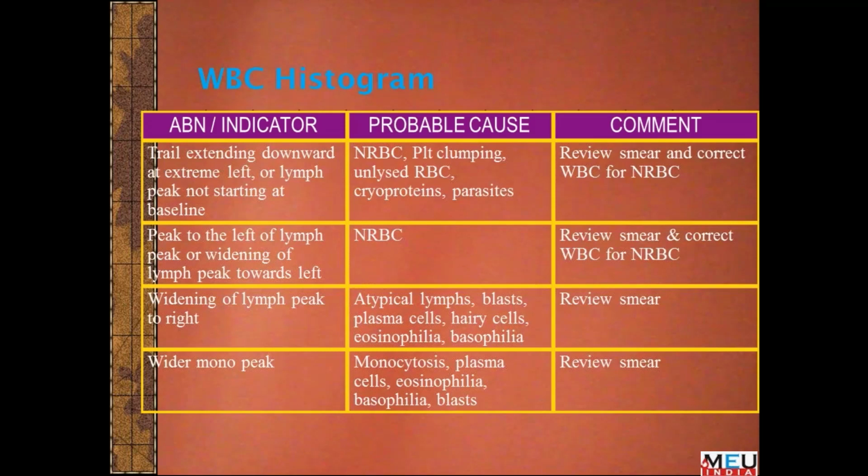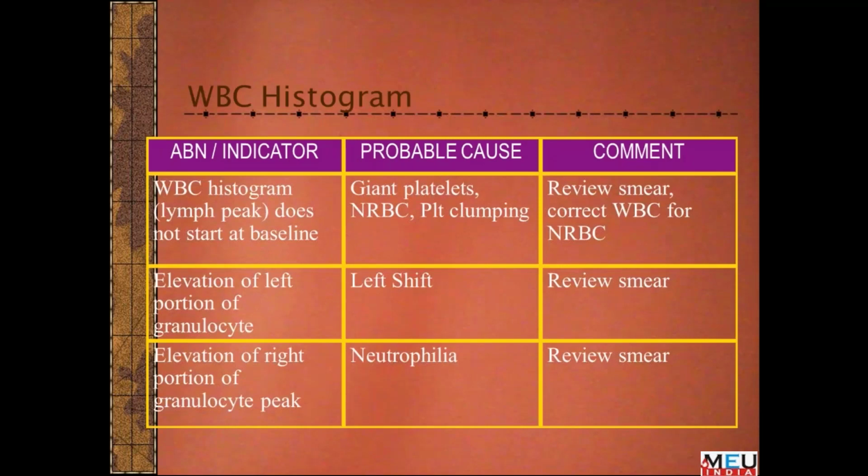If the peak is markedly widened, then we could have atypical lymphocytes, blast cells, plasma cells, hairy cells, eosinophils, and basophils. A wider monocyte peak could be because of monocytosis, plasma cells, eosinophils, or basophilia. In WBC histograms, if they don't start at the baseline, you can suspect giant platelets or nucleated RBCs.